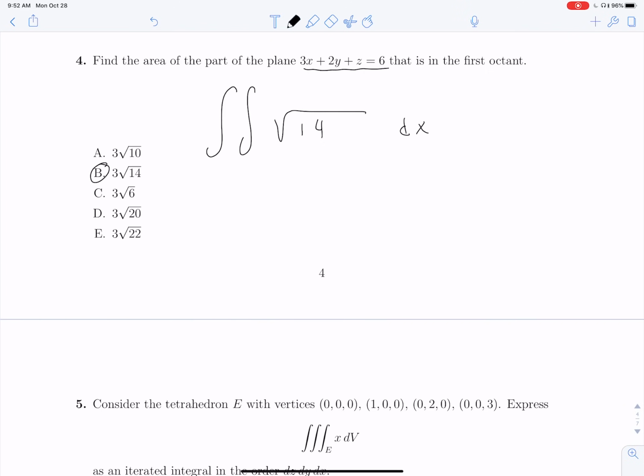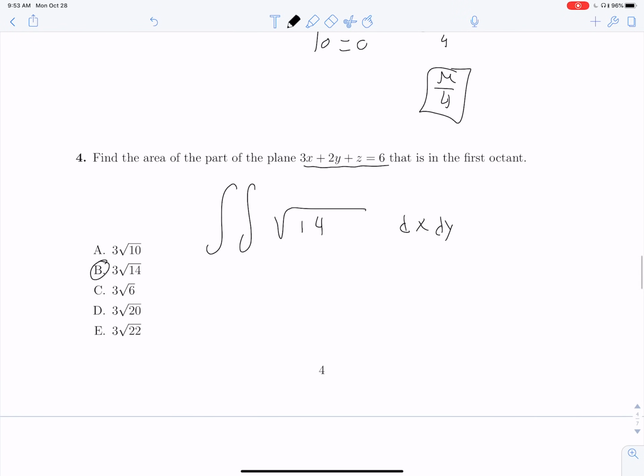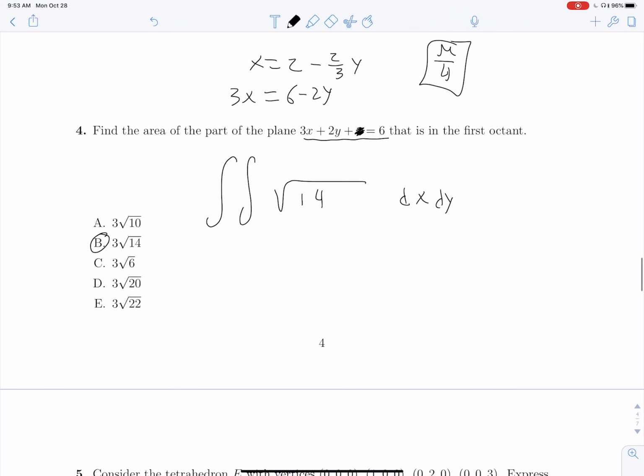So let's pop a dx dy on the end here. It shouldn't matter which order we choose, and let's solve this thing for x. Remember, we're in the projection where z is equal to 0, so this z is really not there. 3x equals 6 minus 2y, so x equals 2 minus 2/3 y.